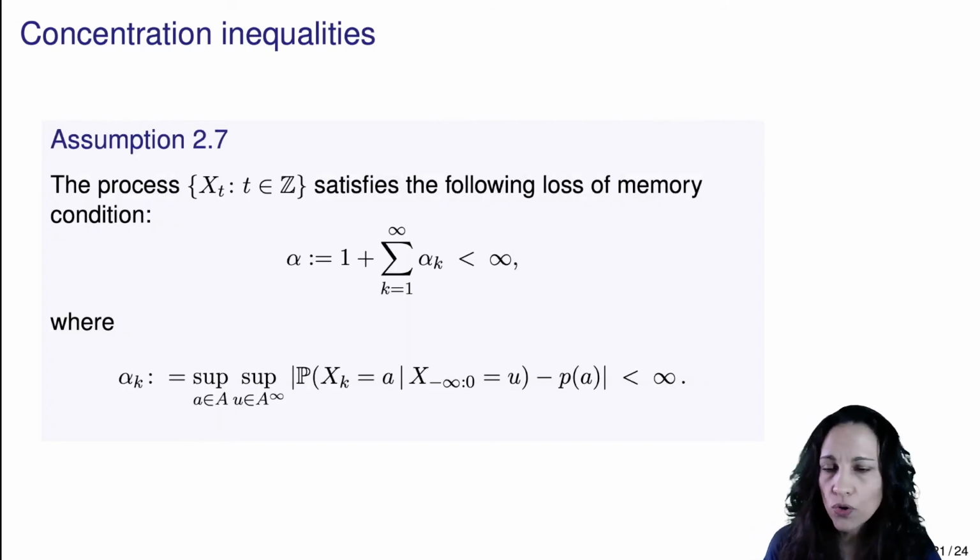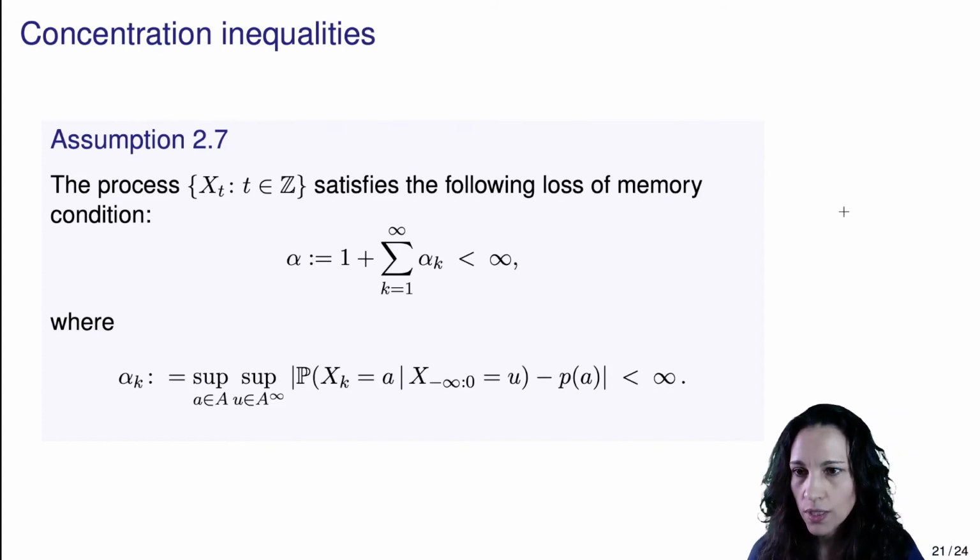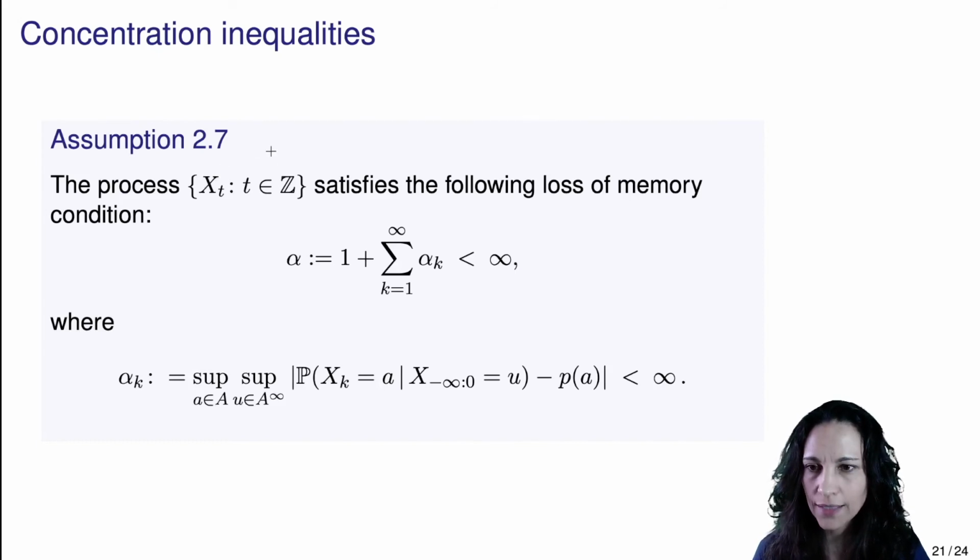In order to prove some of the concentration results we have in the book, we need some assumptions on the process. So the principal assumption is this assumption 2.7 that we see here.